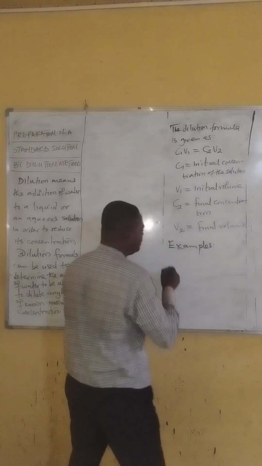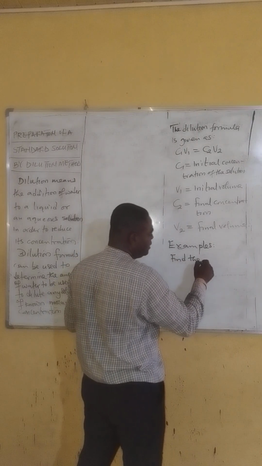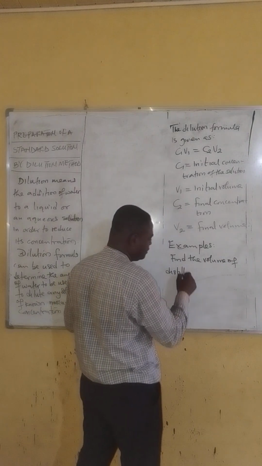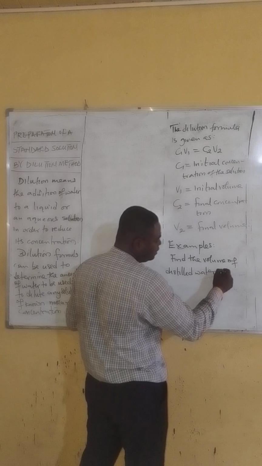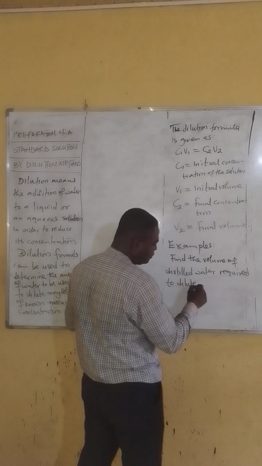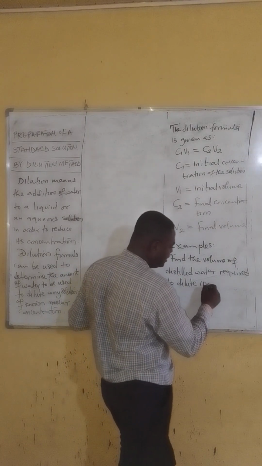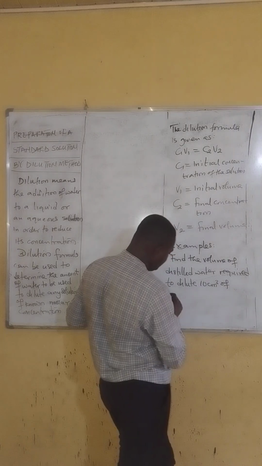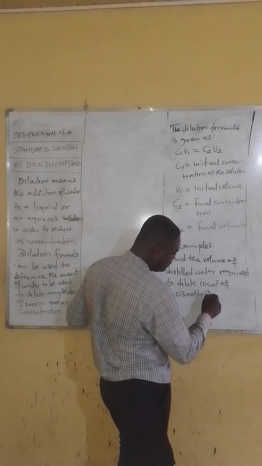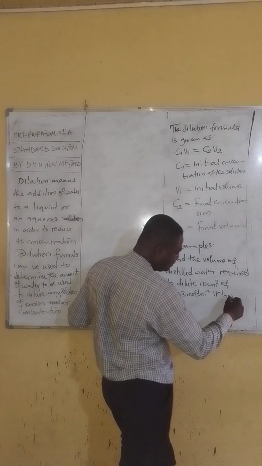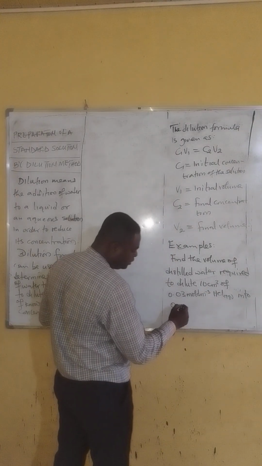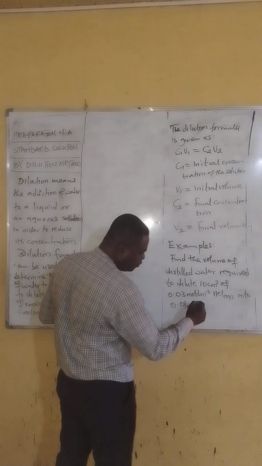You can say, find the volume of distilled water required to dilute 10 cm³ of 0.03 mole per dm³ HCl into 0.01 mole per dm³.